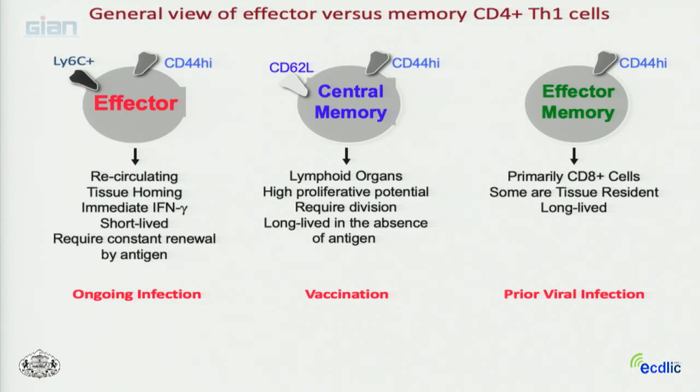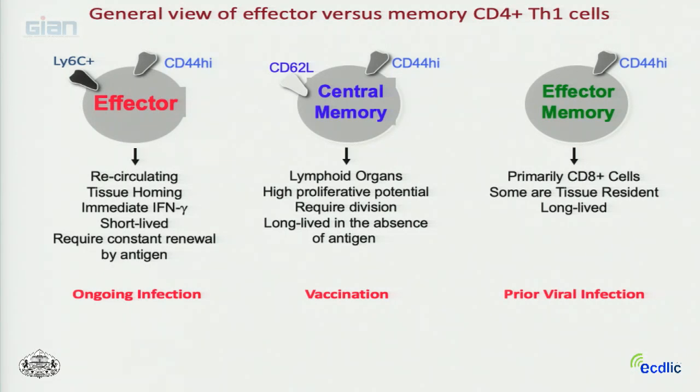Effector cells, by contrast, downregulate this so that they're permitted to recirculate in the blood, in the periphery. And they're tissue homing. They're looking for sites of inflammation, some insult in the skin or wherever, in the lungs, and then they'll penetrate that tissue, they'll home to that tissue, and they'll immediately release cytokine.